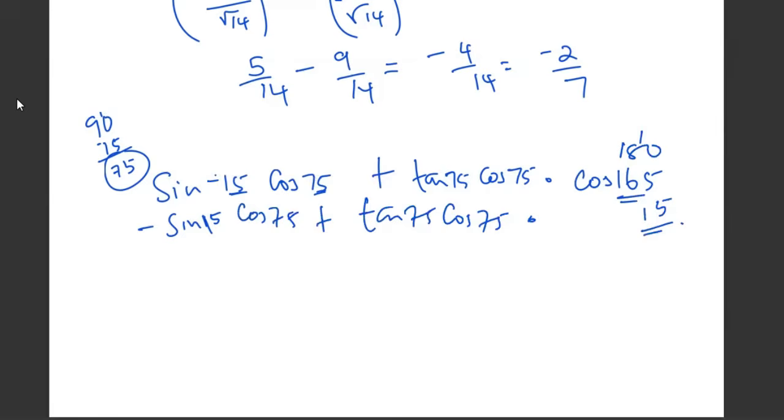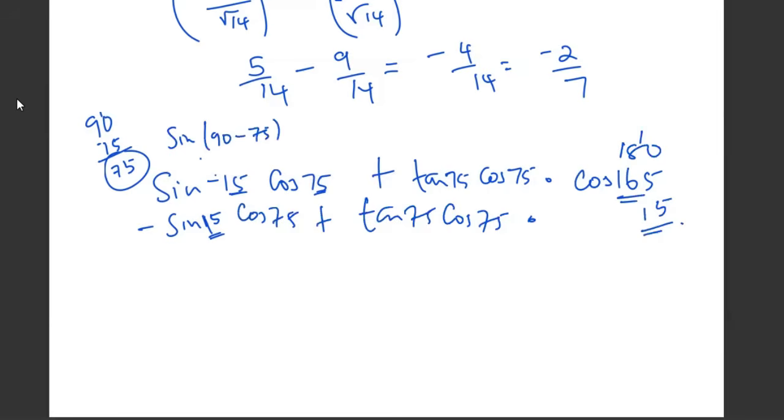So I'm going to say, why don't I rather change everything to 75s? So that way the sine of 15 is going to be the sine of 90 minus 75. How about that?